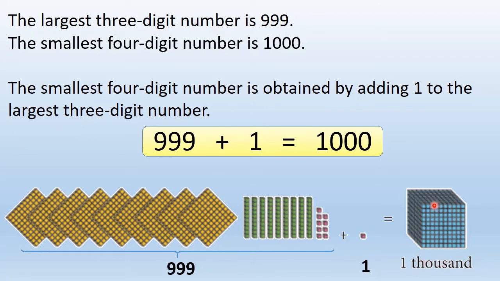So we will get a block of beads. You can call this a cube of beads or a block of beads. In this, there will be 1000 beads. So we use this block of beads to represent the number 1000. Remember this fact.